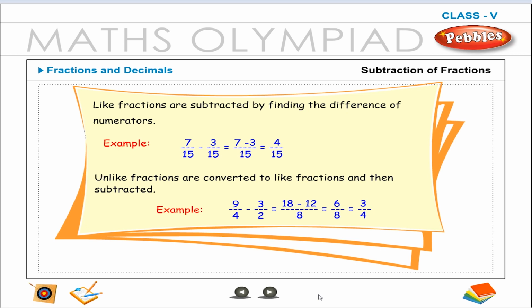Unlike fractions are converted to like fractions and then subtracted. Example, 9 by 4 minus 3 by 2 is equal to 18 minus 12 by 8, which is equal to 6 by 8, which is equal to 3 by 4.